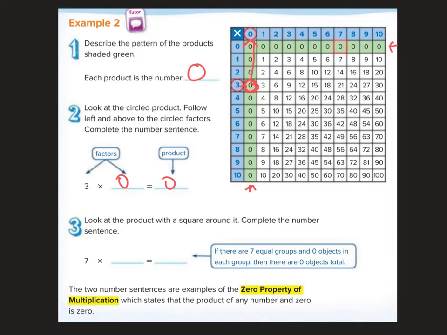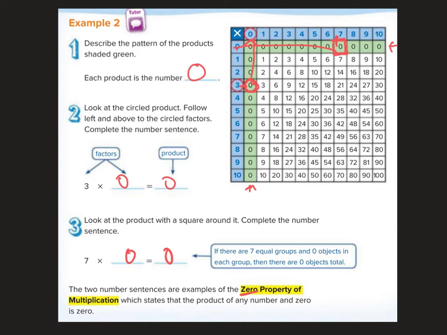It says look at the product with a square around it. Complete the number sentence. So here I have 7 times 0 is 0. So this, my friends, is an example of the zero property of multiplication, which states that the product of any number and 0 is, you guessed it, 0.